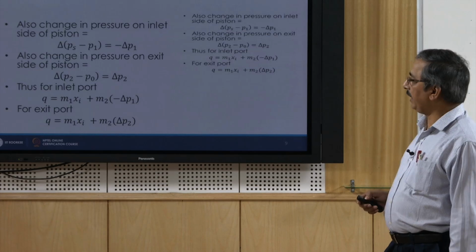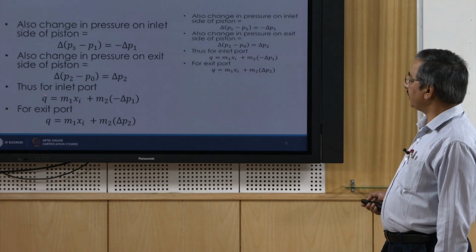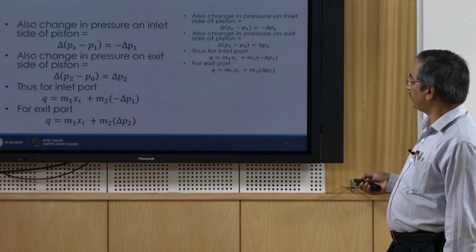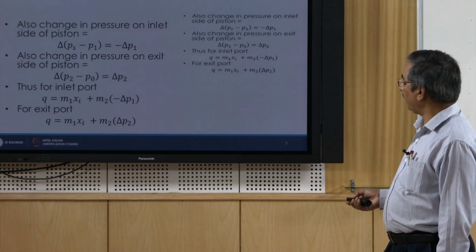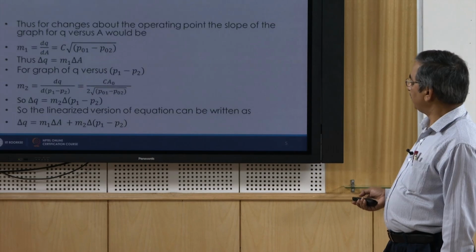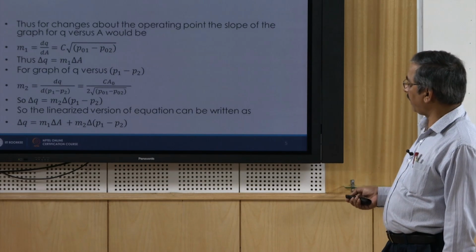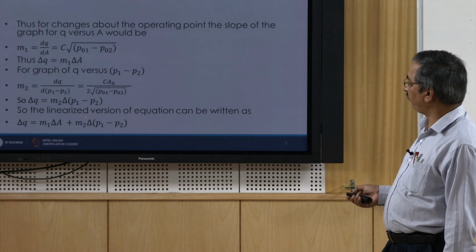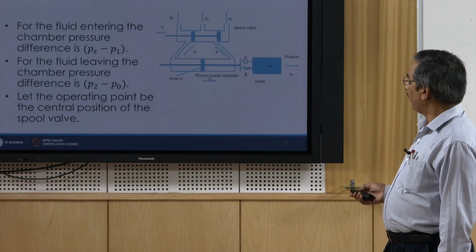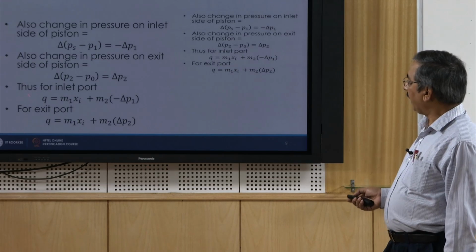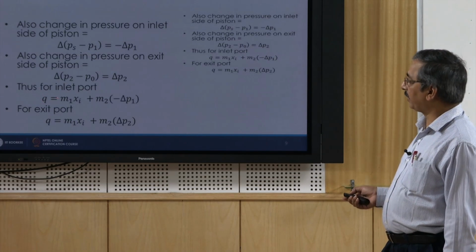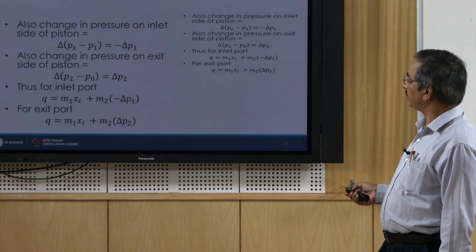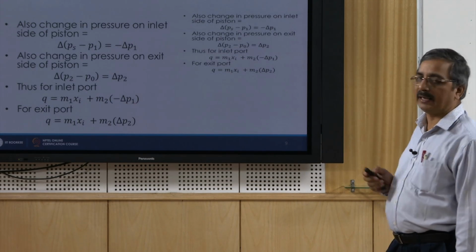Thus, for the inlet port I can write this expression, which we get from the generalized expression we have derived, that is M1 into delta X plus M2 into delta P. So for the inlet port, Q is equal to M1 Xi plus M2 into minus delta P1 for the inlet side.